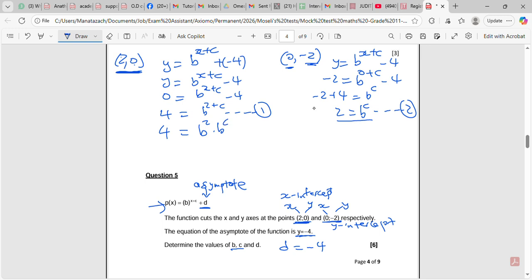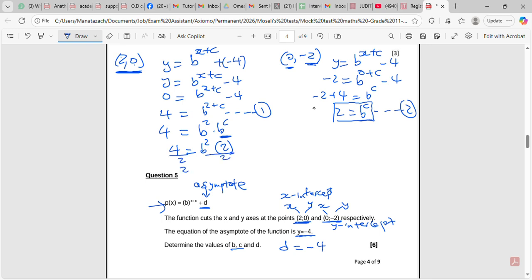Now remember what equation 2 is saying: b exponent c is equal to 2. So we've got b exponent c here, so why don't you replace that by 2? We're just going to put 2 there from equation 2, right? And then basically here you can just divide by 2 both sides. So you're going to remain with 4 over 2, which is 2, is equal to b squared.